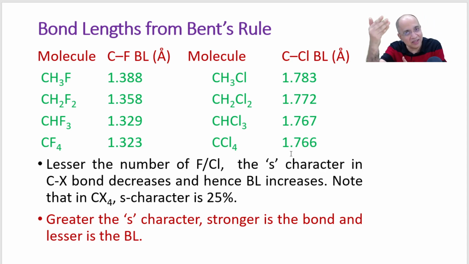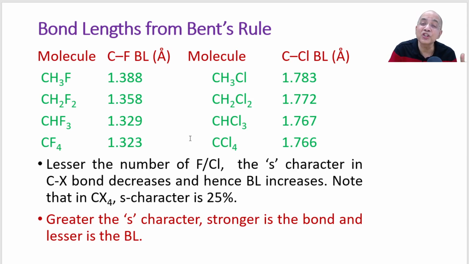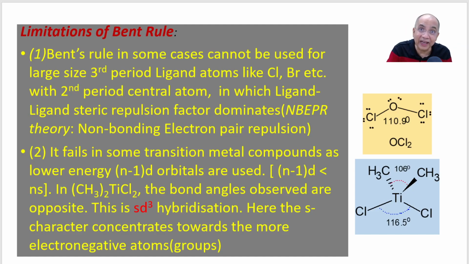We are comparing CCl for all these chloro derivatives of methane and CF for all the fluoro derivatives of methane. This can be explained by Bent's rule and Bent's rule alone. Greater the S character, you can say stronger is the bond and shorter is the bond. And bond angle will be more, no doubt, because of greater repulsion.